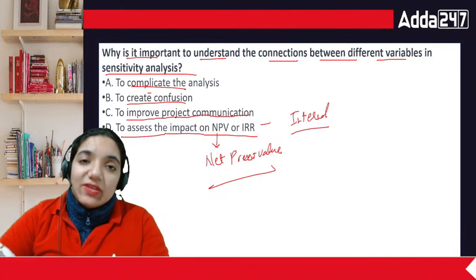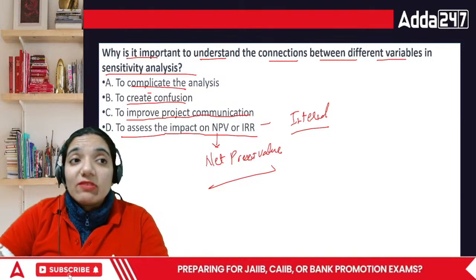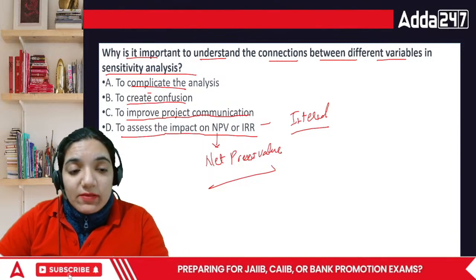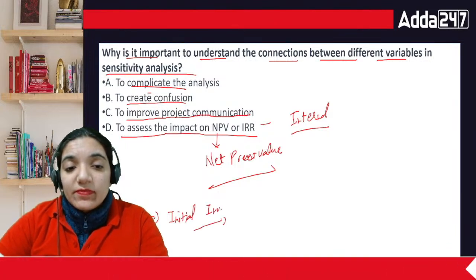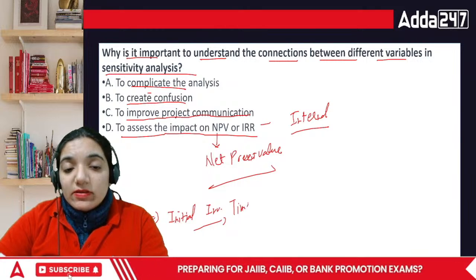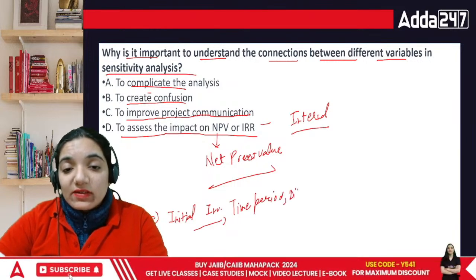This is one of the basic questions which should hit your mind: what are the variables? Initial investment, the time tenure for the particular project, and then the discounting factor.